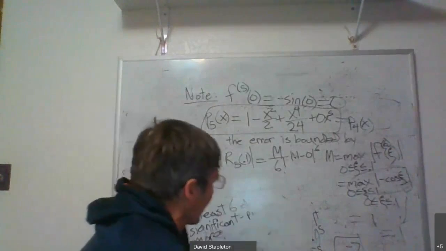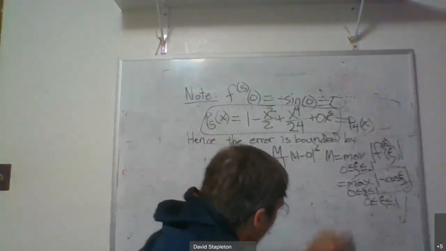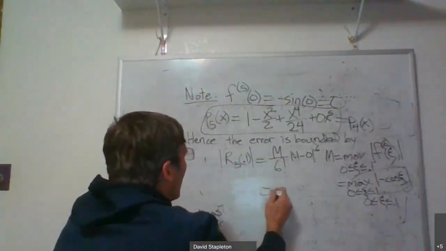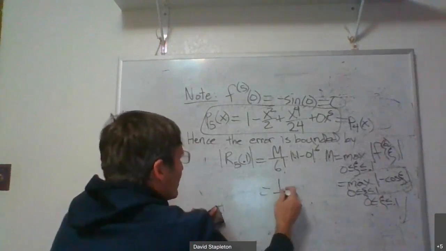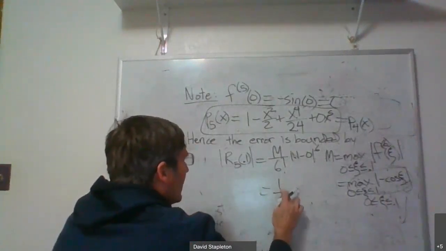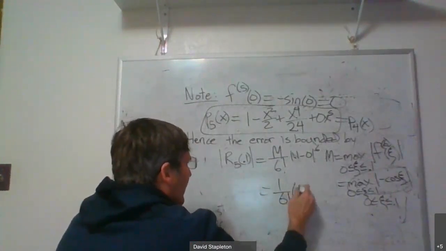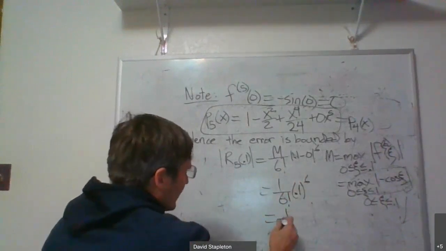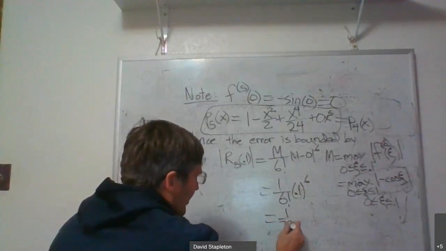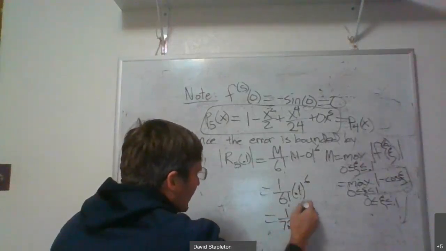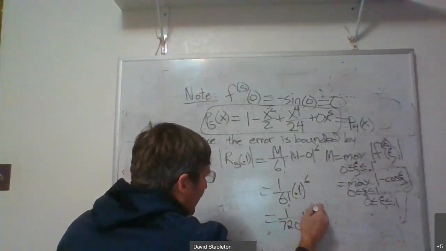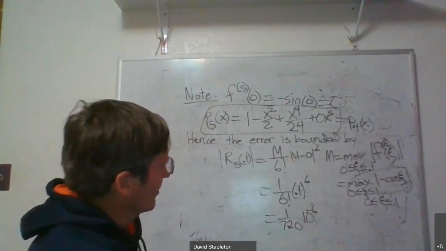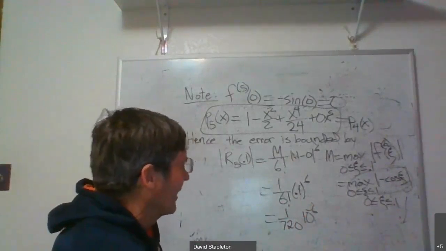So in that case, I can say the error is bounded by, with the same approximating polynomial, 1 for M over 6 factorial, times 0.1 to the 6th. Well, 6 factorial is 6 times 5 factorial. 6 times 120 is 720. This is 10 to the minus 6. So look, it's almost 10 to the minus 9th error, right?